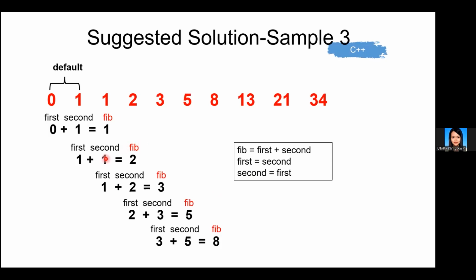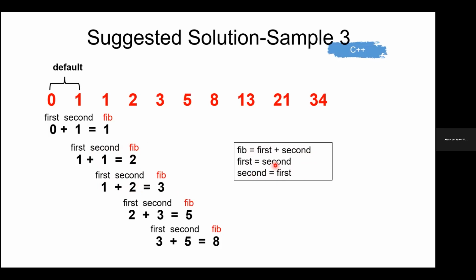I repeat again, we update the second number to become the first number, and the Fibonacci becomes the second number to find the next Fibonacci number. So this is the idea. We find the current Fibonacci number first, and then we update the first and second values in order to find the next Fibonacci number.